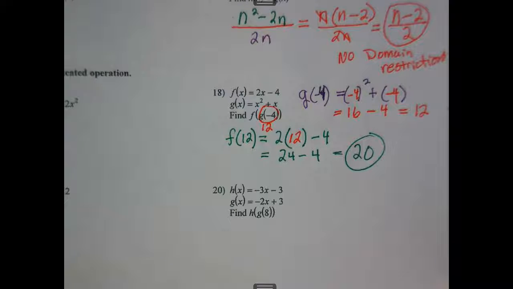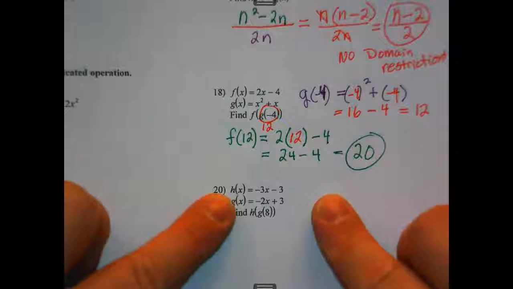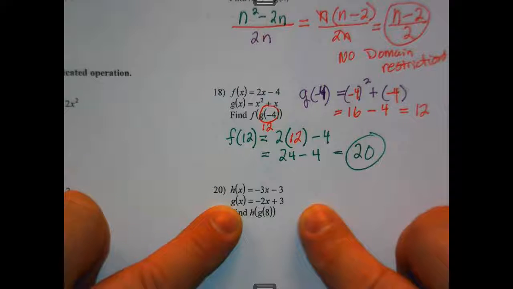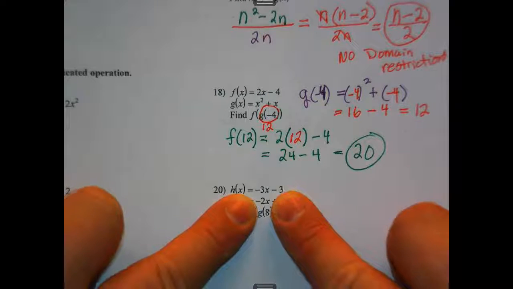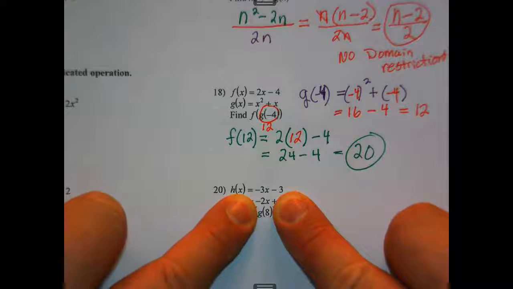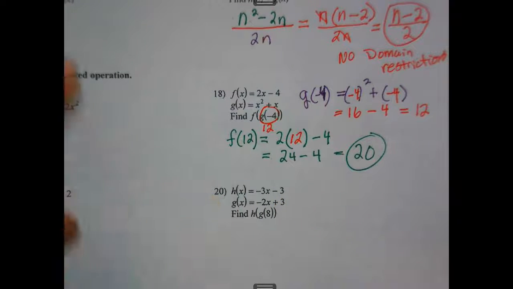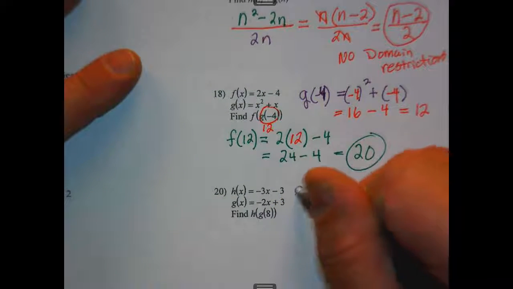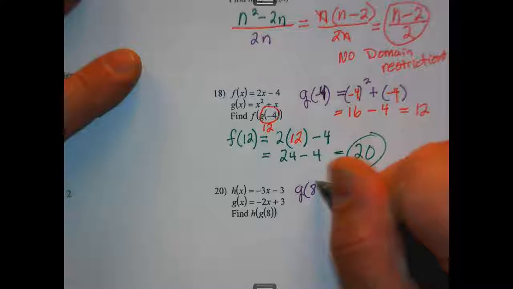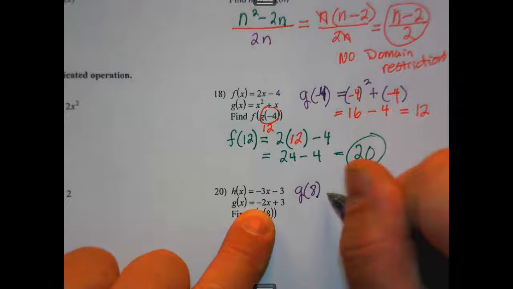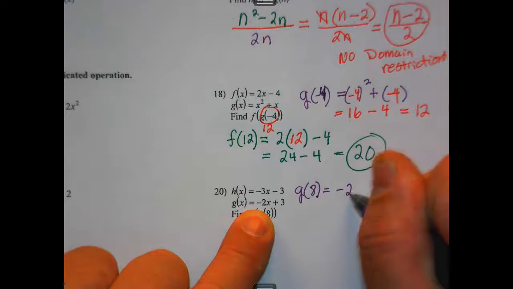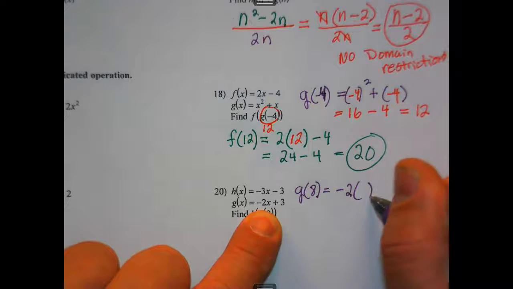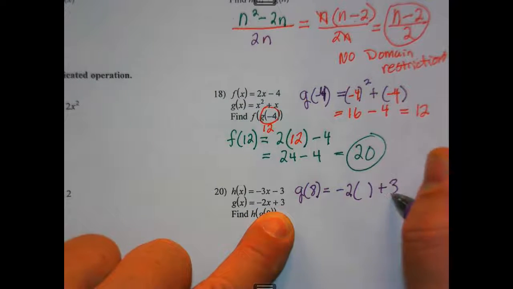Well, you messed up. Okay, so we start with the innermost function, which is g of 8. So I have to find the g of 8. The g function is negative 2 times x plus 3.